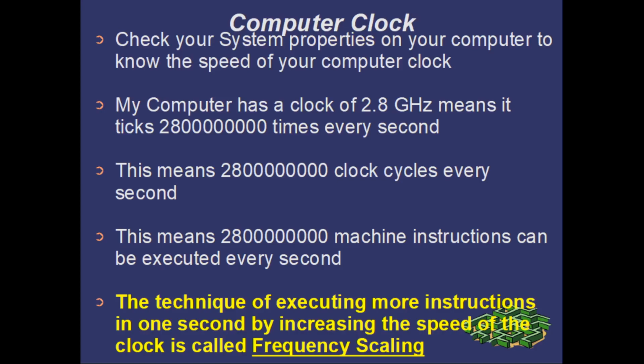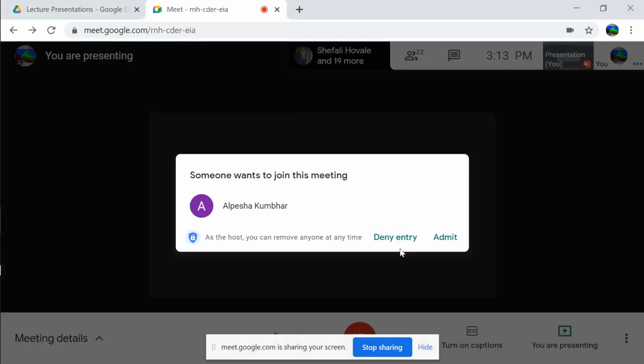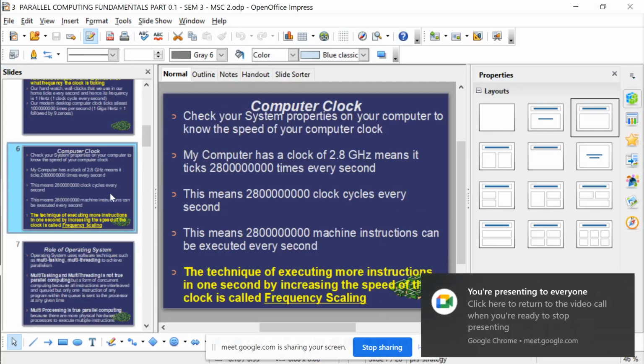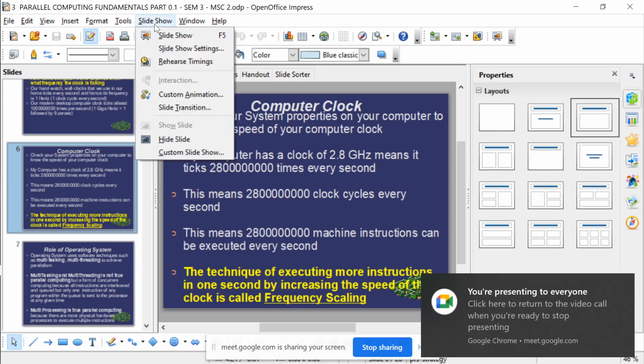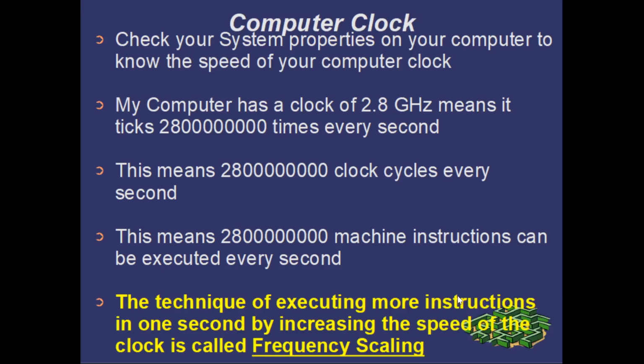So there is a limit on how fast a computer can run. Because of that heating problem, that is when they introduced the core technology.